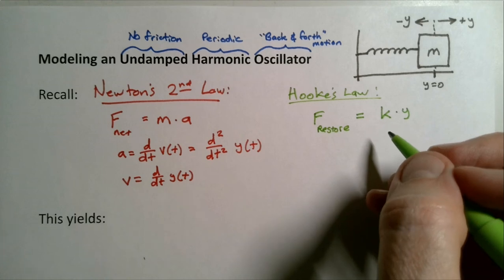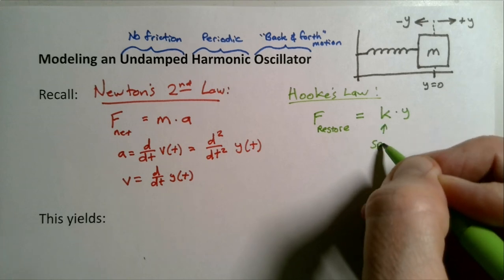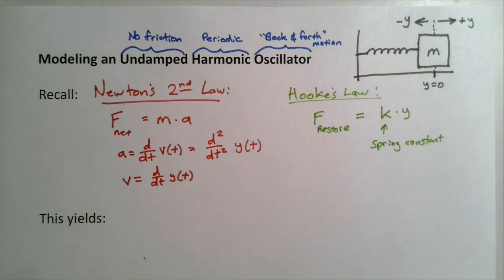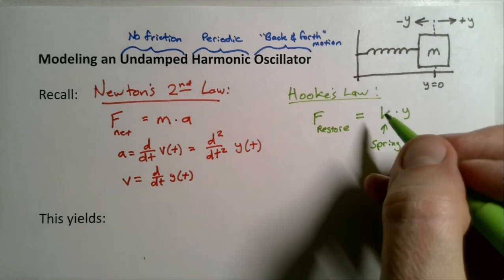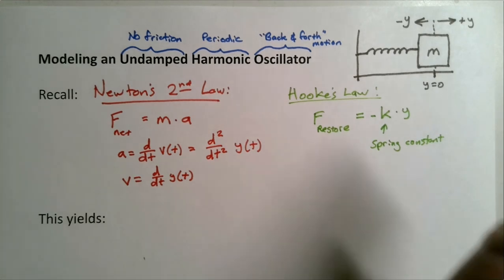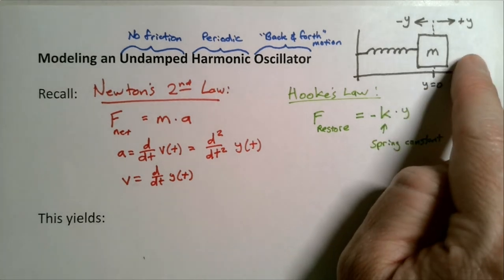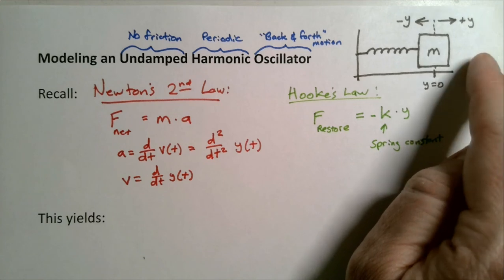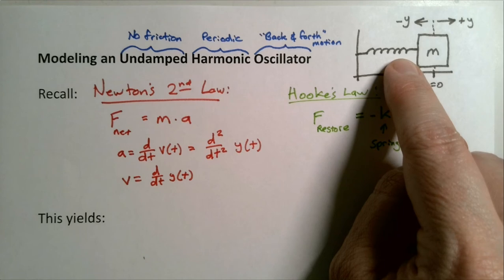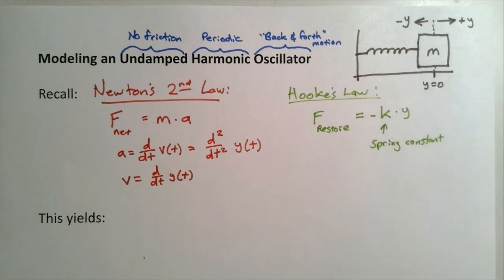And this guy right here, that's the spring constant. Because it's restorative, this is always going to be opposite whatever direction you're moving. So if I stretch the spring this way, then the restorative force is in the negative direction. And if I squish the spring this way, then the restorative force is in the positive direction.